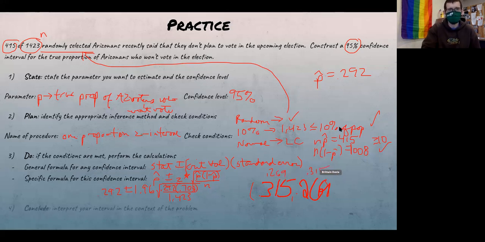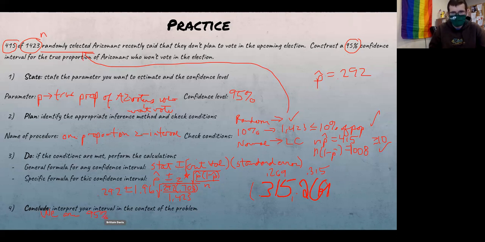So now we can conclude this and write out what a good conclusion would look like. Hopefully in your head, you're already remembering the way this starts. We are 95% what?